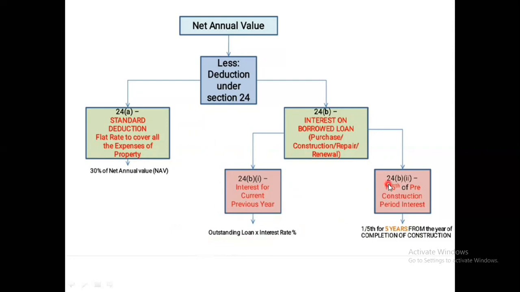Whereas Section 24B Clause 2 allows you to claim a deduction to the extent of 1/5 or 20% of the pre-construction period interest. This 1/5 can be claimed for 5 years from the year of completion of construction. In the next slide, we will discuss in detail how the interest on borrowed loan is calculated and how an SSE can claim deduction under Section 24B Clause 1 and Section 24B Clause 2.